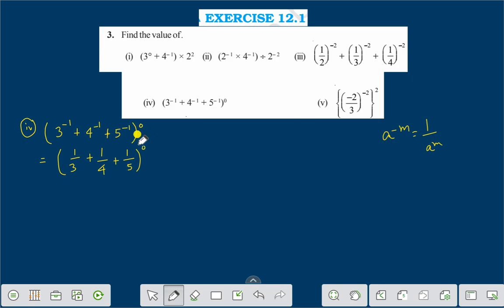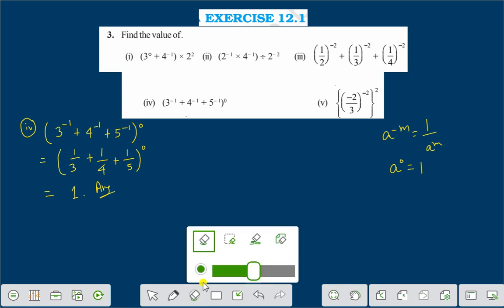That is 1 by 3 plus 1 by 4 plus 1 by 5 to the power 0. We know that a to the power 0 is equal to 1, so the value is 1. This is the answer of question number 4.